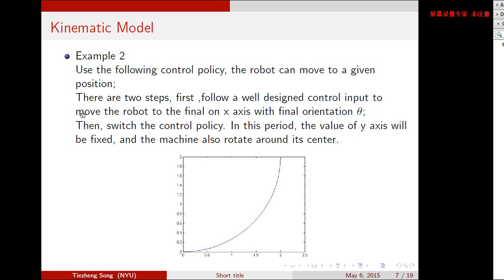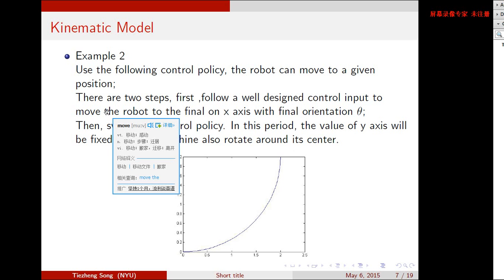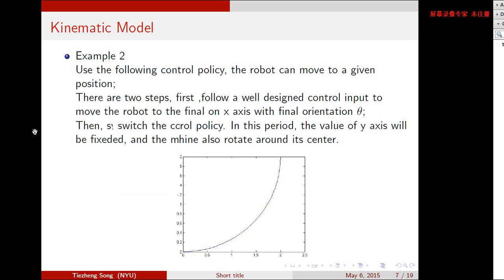First, the control policy is divided into two different steps. In the first step, the main goal is to move the robot to the right position along the x-axis, and the final orientation theta also needs to be obtained.